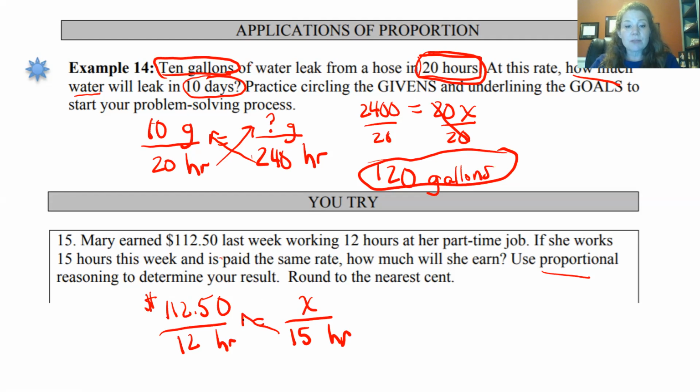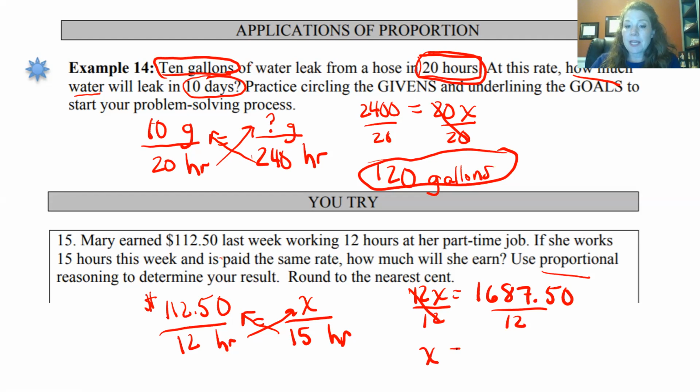So we're going to cross multiply. 12 times x is 12x, and 112.50 times 15 is 1,687.50. Now whatever we multiply by x is what we're going to divide by.